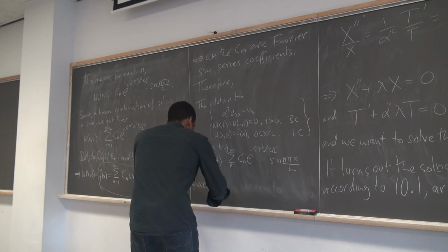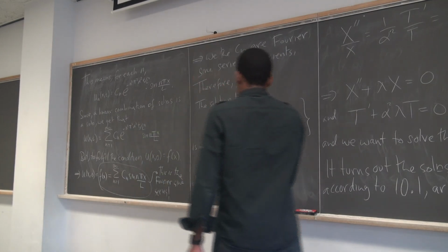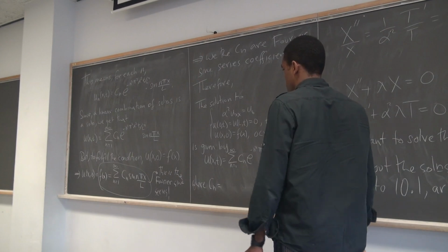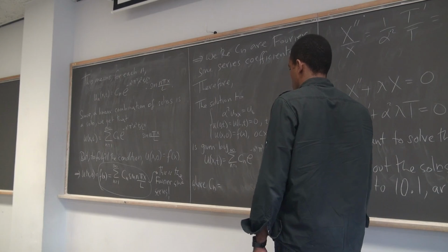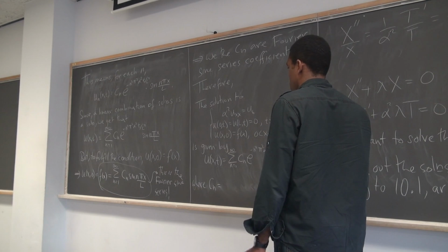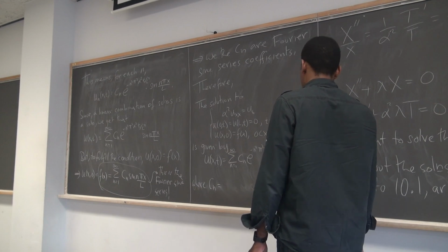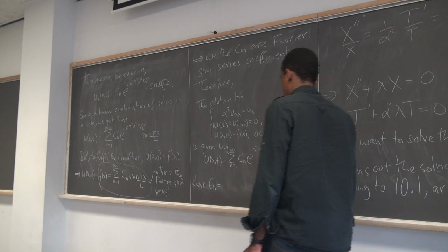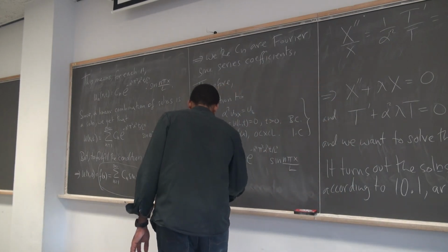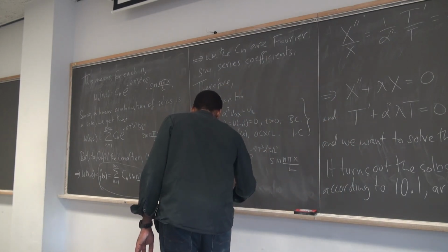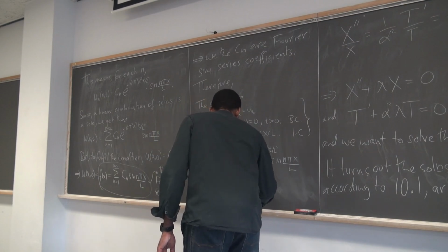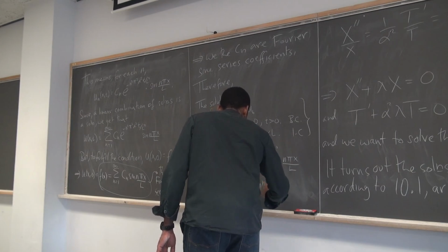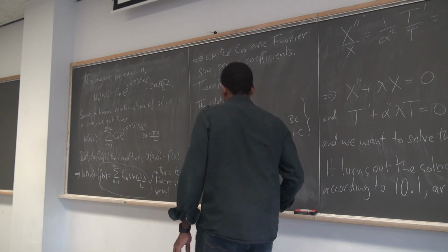where the c_n is equal to, what's the c_n? The coefficients of the Fourier sine series, what do they look like? 2 over L, that's right, the integral from 0 to L of f of x times sine n pi x over L dx.